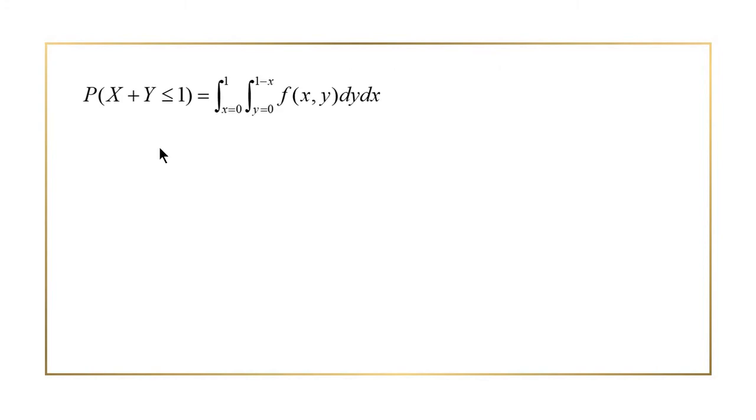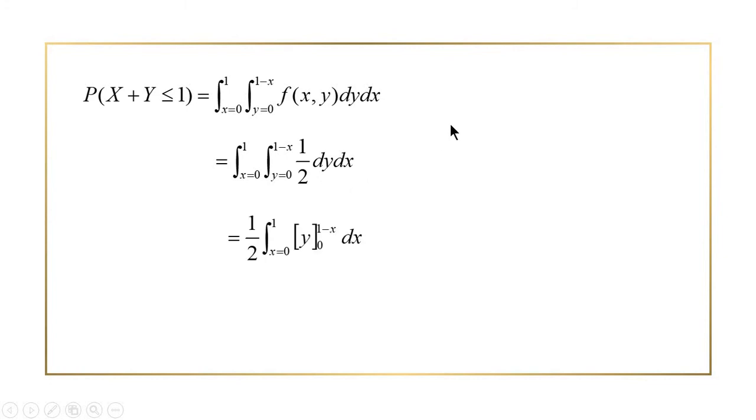Now let us integrate our joint PDF with respect to these limits. Since x and y are not constant limits, we cannot integrate them separately. First we have to integrate with respect to y, because the limit of y depends on x. Y is equal to 0 to 1 minus x. Therefore you have to integrate with respect to y first and then with respect to x. You get the answer as 1 by 4.